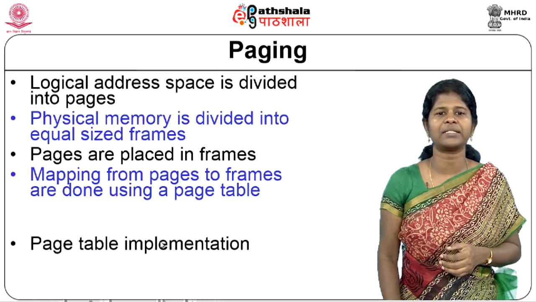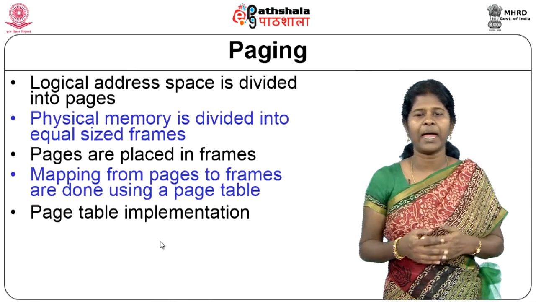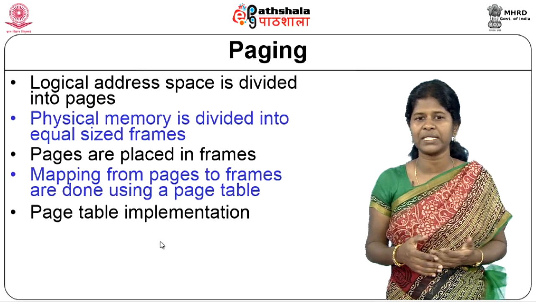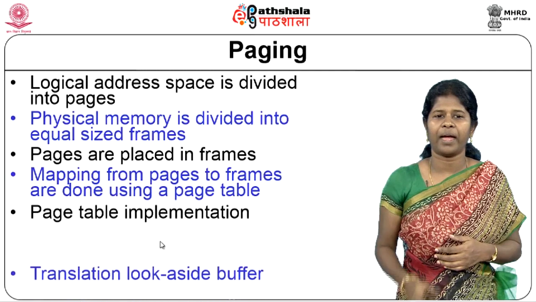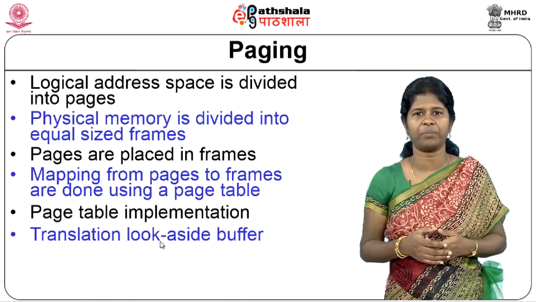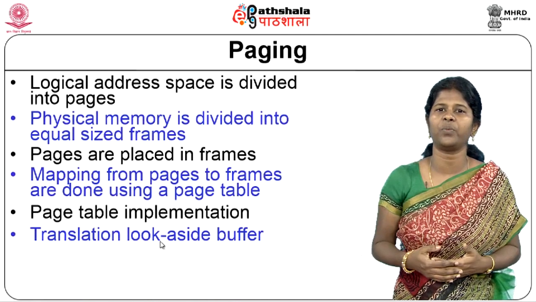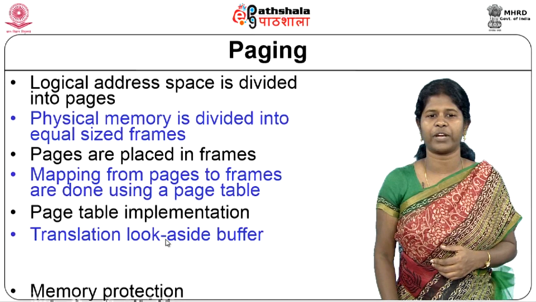The page table does the mapping from the pages to the physical frames, and we also saw the different ways in which the page tables can be implemented, and that the use of a translation look-aside buffer increases the speed with which the mapping can be done from pages to frames.